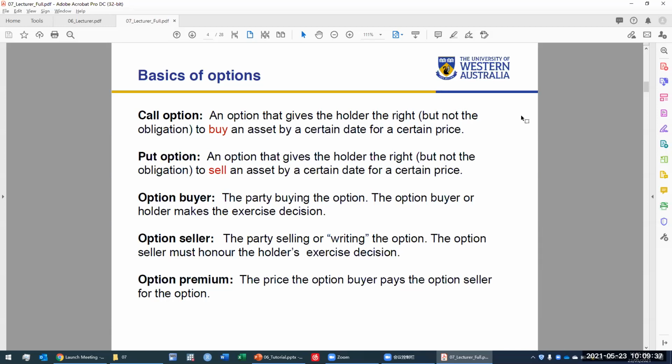So let's say I ask you, Lavender, what does a short put option do? Short put. What does a long put do? Ju, Li Ju?